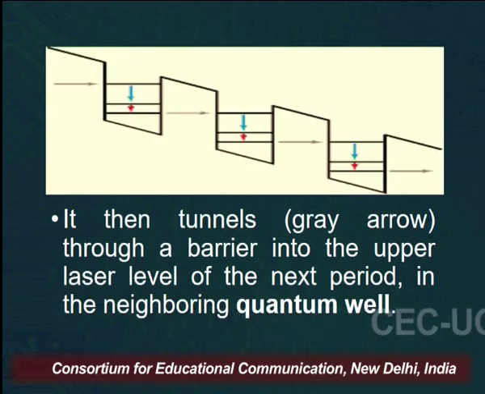Because the sequence is repeated in every period, a single electron can generate, in the ideal case of perfect quantum efficiency, one photon in each active region it is transferred through, using several tens or even about 100 such periods in the series, a cascade.